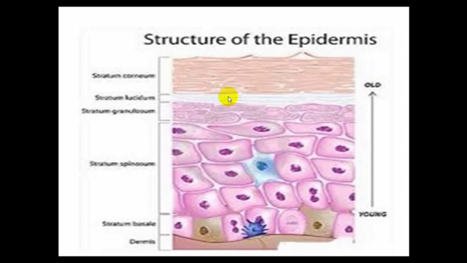Previously we talked about how it's present only in thick skin, like the palms and soles, and it consists of flattened cells. These flattened cells are characterized by a lack of nucleus and organelles, and are filled with densely packed keratohyalin embedded in the keratin tonofibril complex.